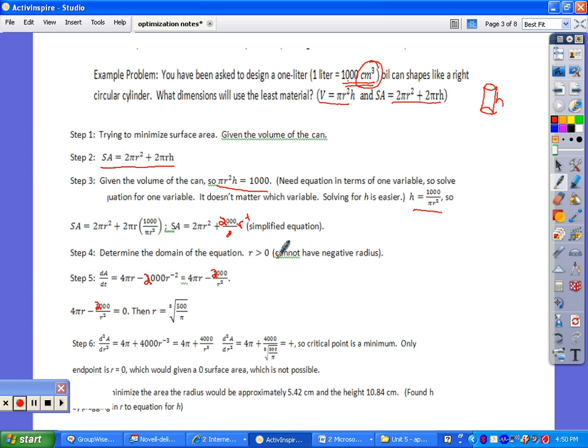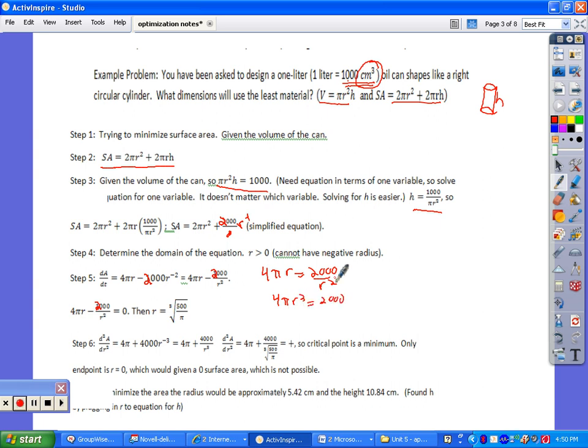So if we do that over here, I have 4 pi r equals 2,000 over r squared. If I get r out of the denominator, I have 4 pi r cubed is equal to 2,000.